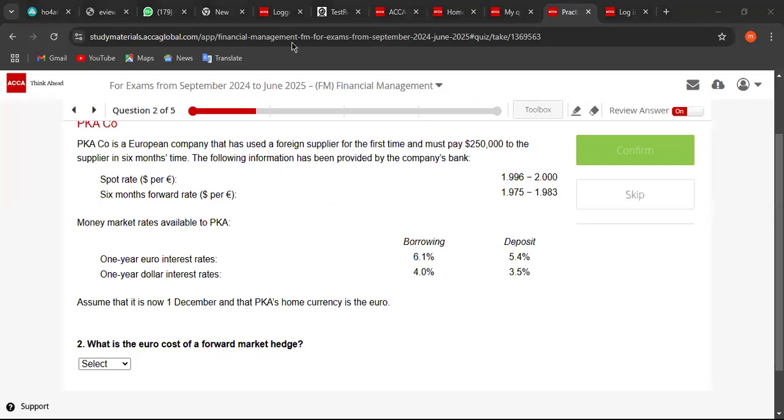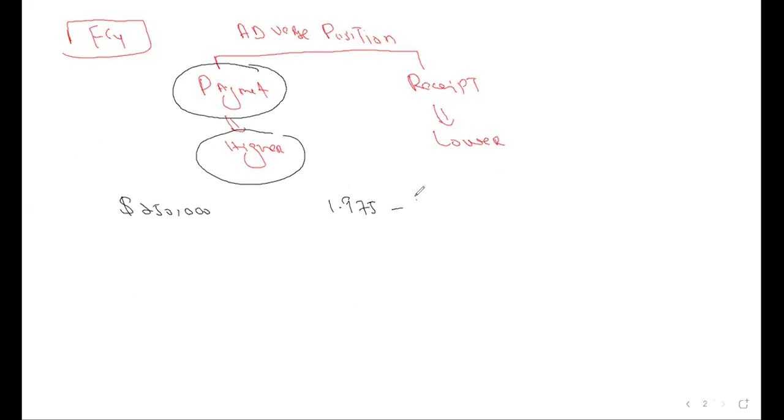And those who are leaving the class, they do not know what they will miss. And the currency denominations are dollar per euro. Now we want our answer in our home currency, that is the euro. So now see, this is the dollar and we have dollar per euro. Dollar will cancel and you will get the answer in the euro. So if you divide with the lower rate, automatically you will get the higher payments.